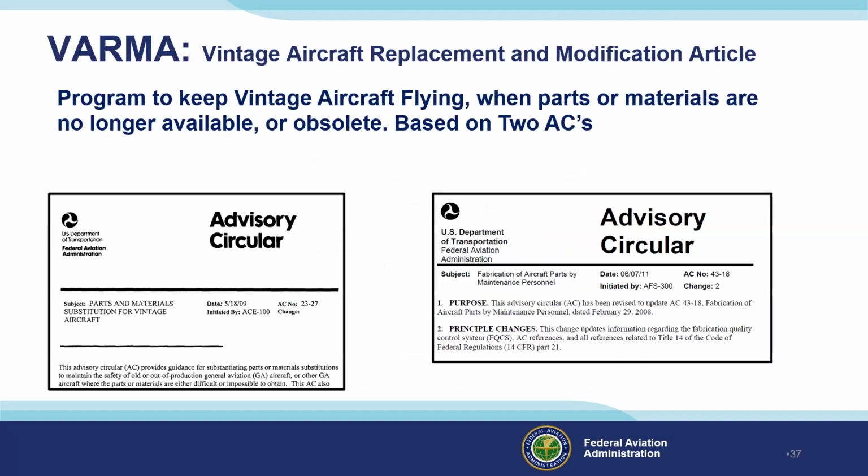I did want to introduce this vintage aircraft replacement and modification article, this VARMA program the FAA came up with. It's to try to keep vintage aircraft flying when parts or materials are no longer available or obsolete. It's based on those 2 ACs, AC 23-27, and the one that we previously looked at, AC 43-18.